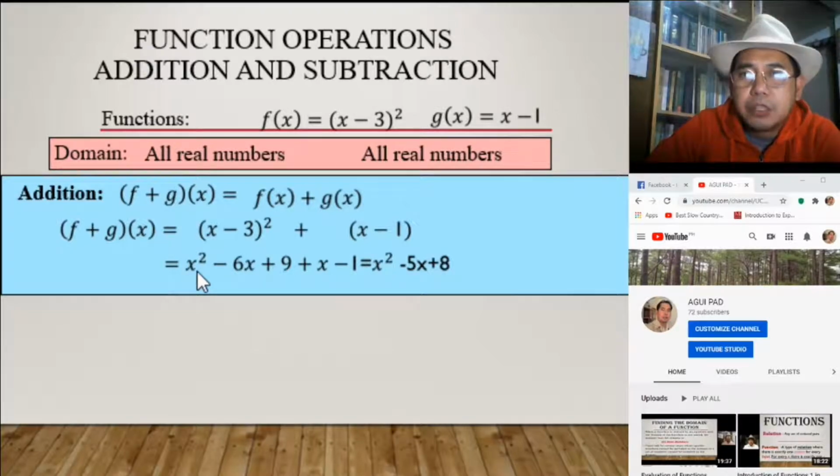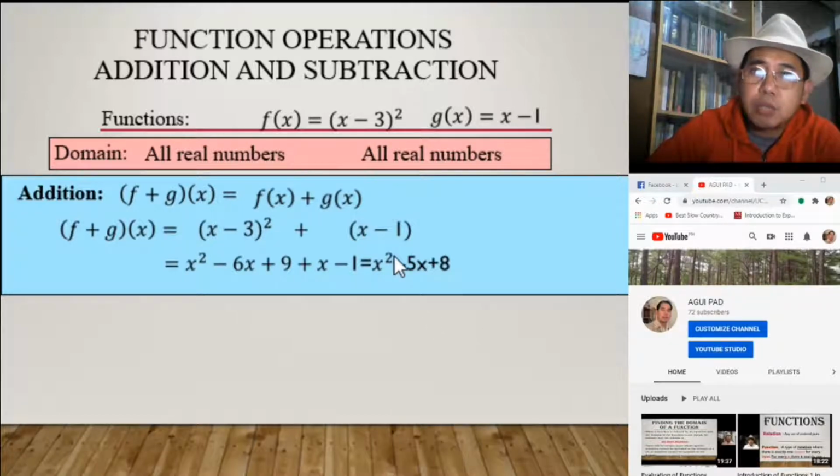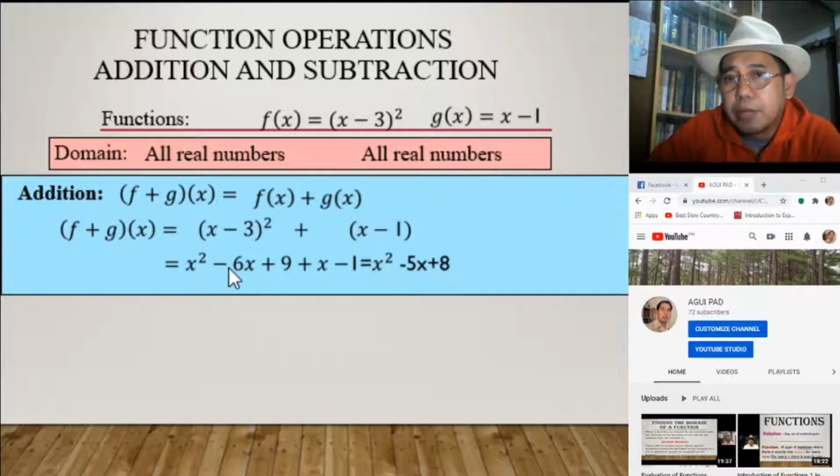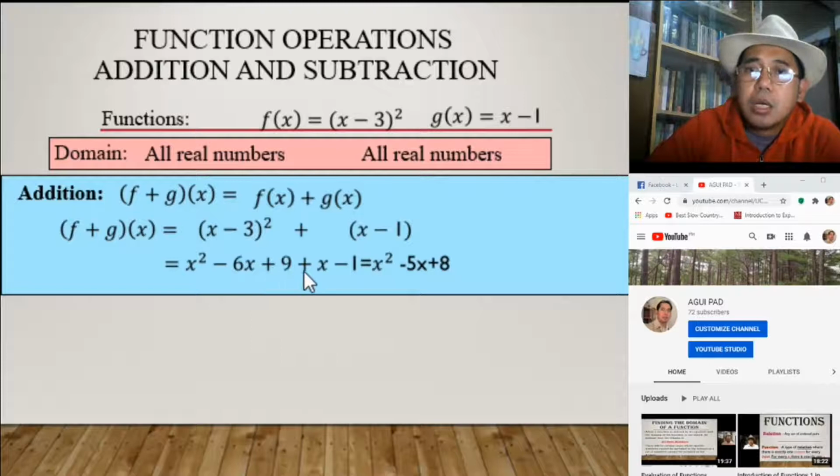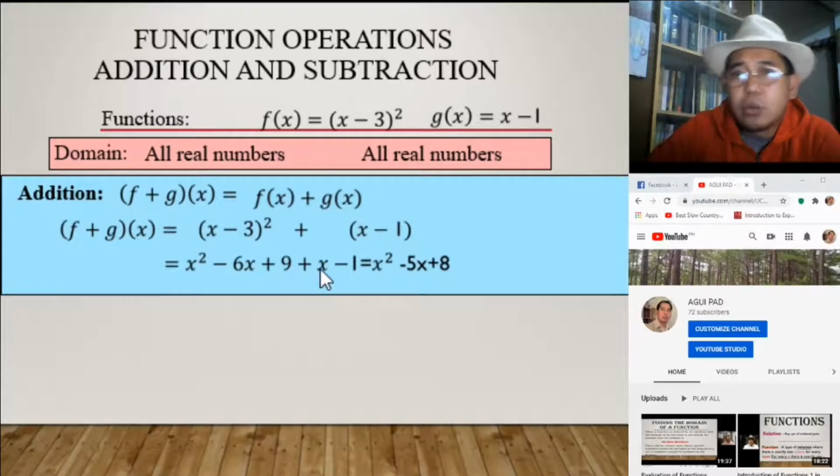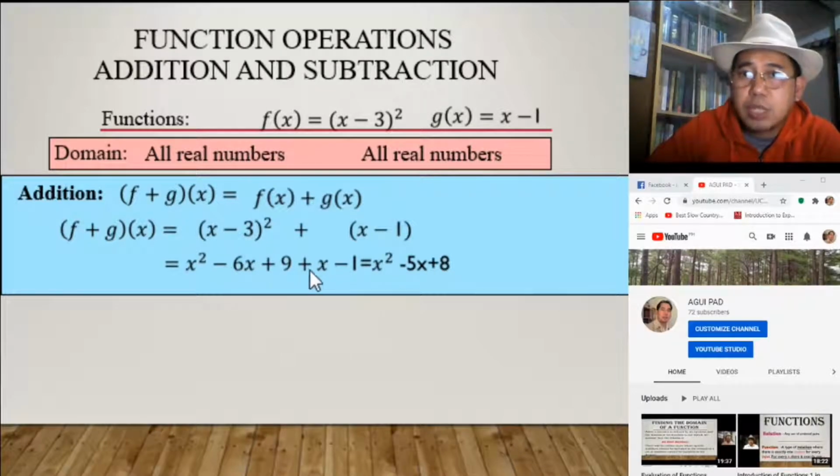So to proceed in answering this problem, combine the similar terms. x raised to 2 does not have any companion, so you just copy, so it will give you x raised to 2. Now what about negative 6x and x? You just combine them, and it will give you negative 5x. How about positive 9 minus 1? It will give you positive 8.